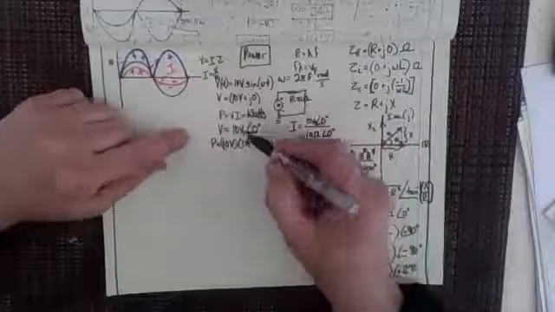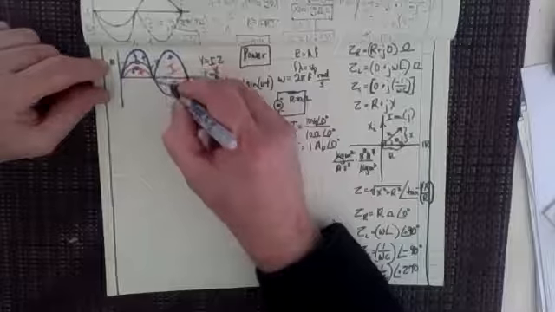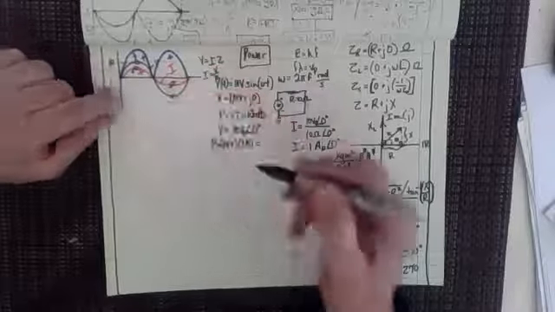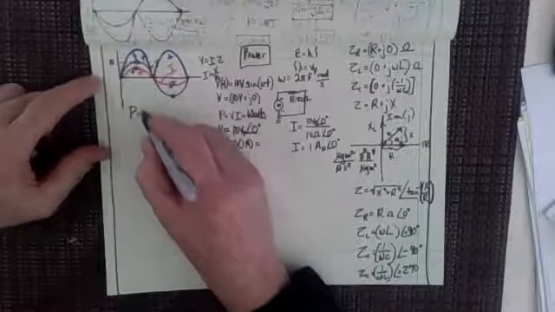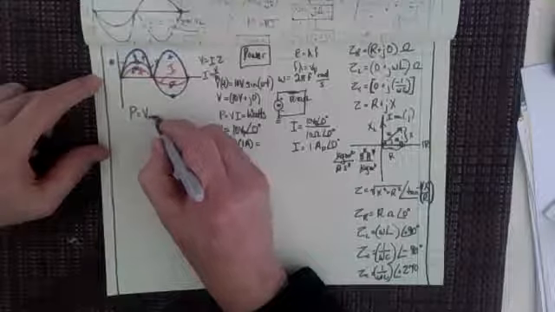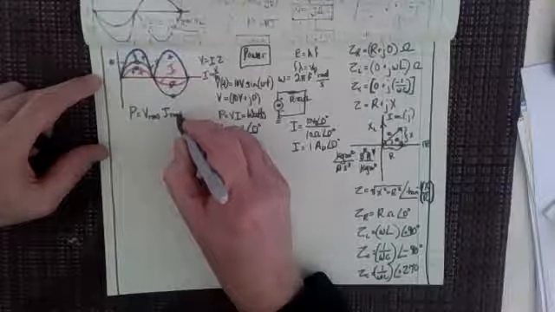Is that what we would do? No, because if you remember, these are all peak, right? These are peak powers here. Peak current, peak voltage, and we can't use peak voltage, can we? Because we know that when we're figuring out power, power is always V RMS times I RMS.